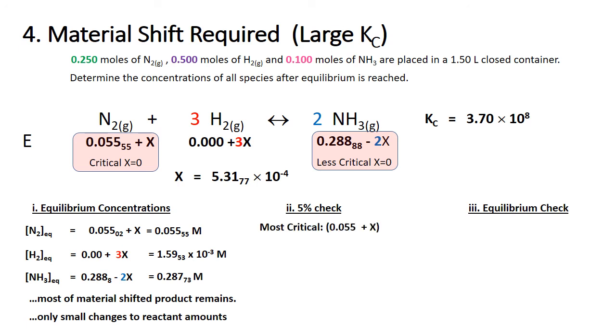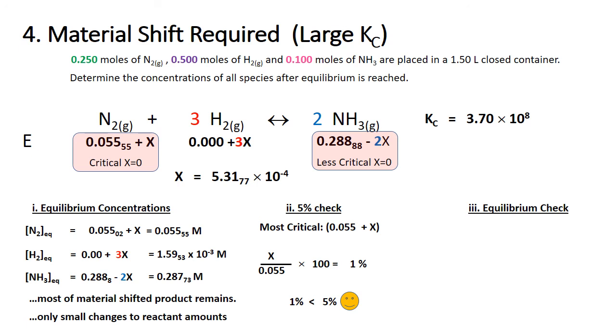But I'm going to just do the nitrogen now, as it's the most critical, and I'll take the value of x and I'll divide my value of x by 0.055 and multiply by 100, and I get about a 1%. Okay, so since 1% is less than 5%, I'm happy with that result, and my x is equal to 0 assumptions throughout the problem are legitimate and verified, and I can move on.